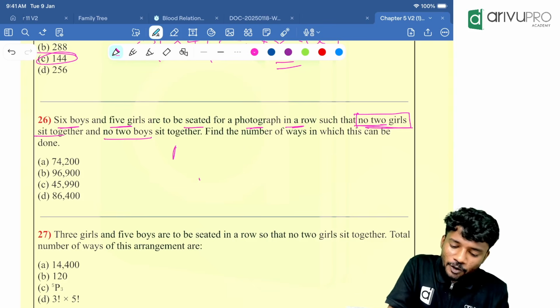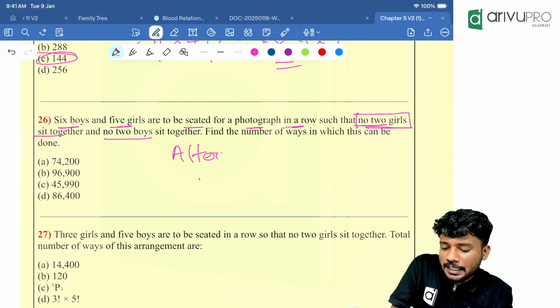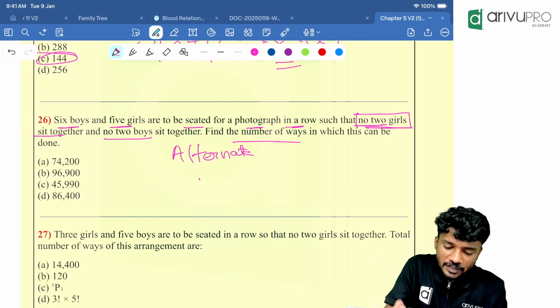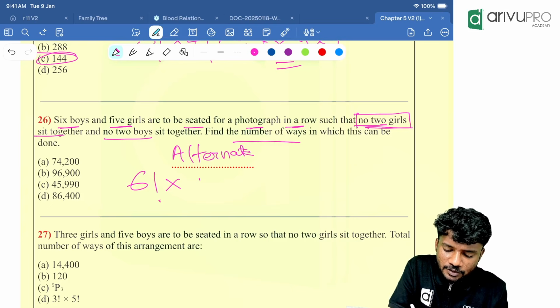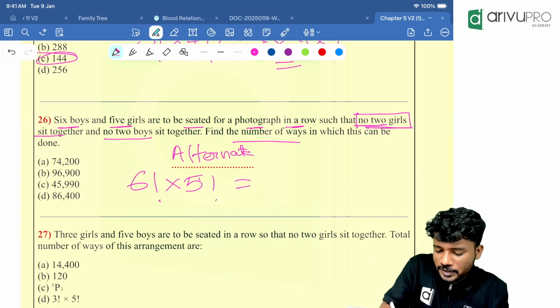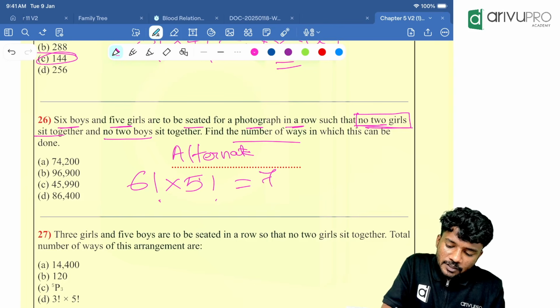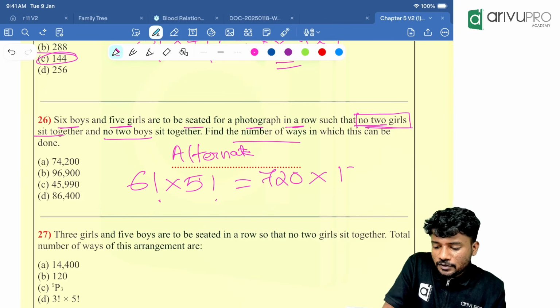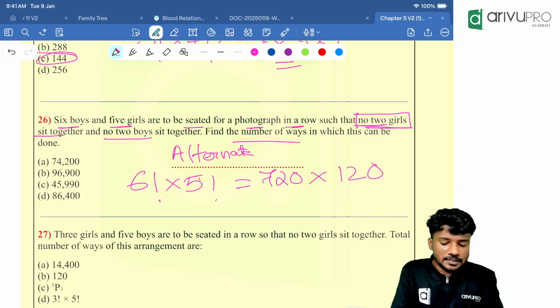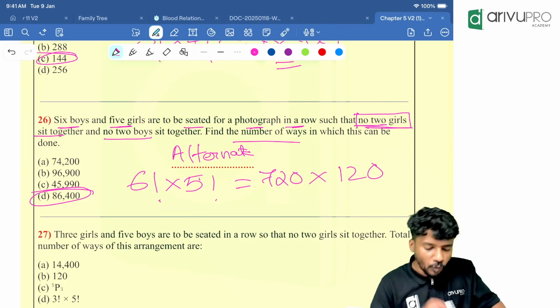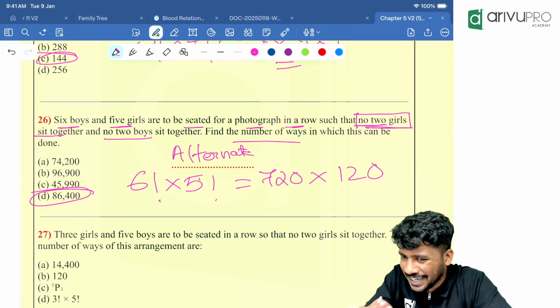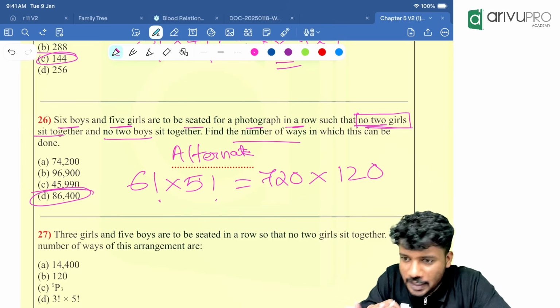That means they are alternate. Find the number of ways. What is the answer? 6 factorial into 5 factorial. How much is the answer, people? 720 into 5 factorial is how much? 120. Answer is 86400. Understood?